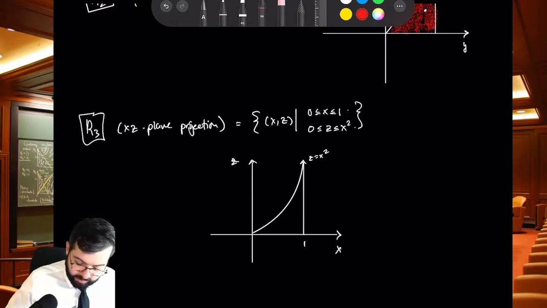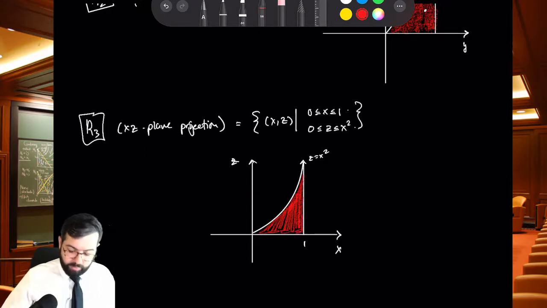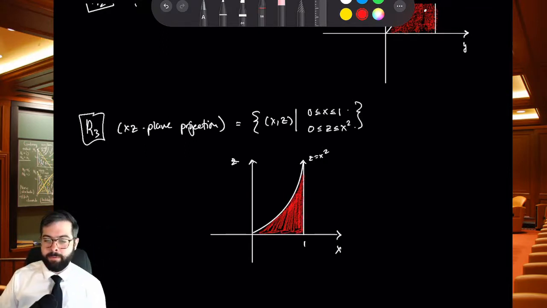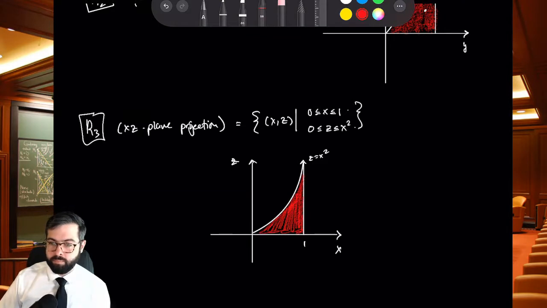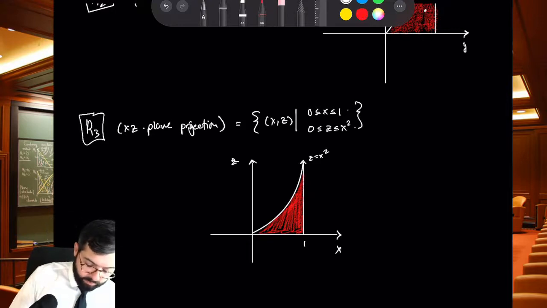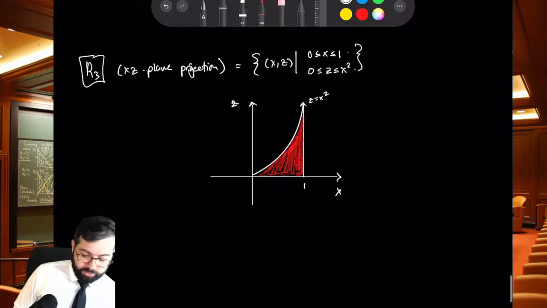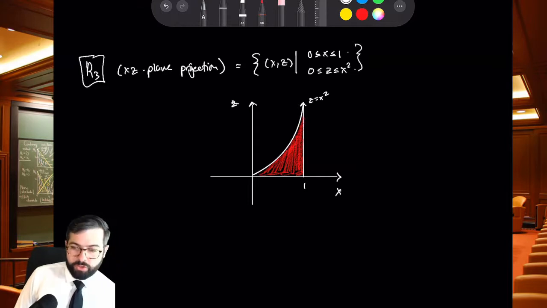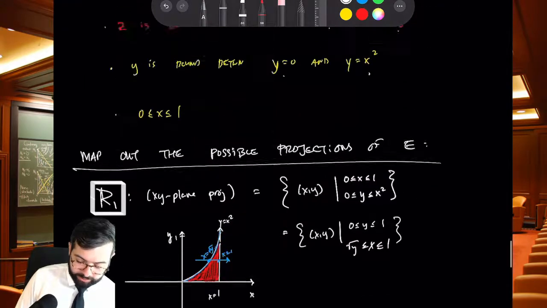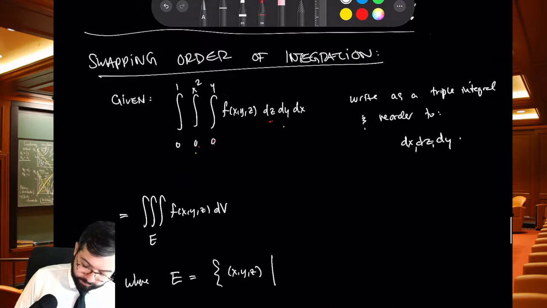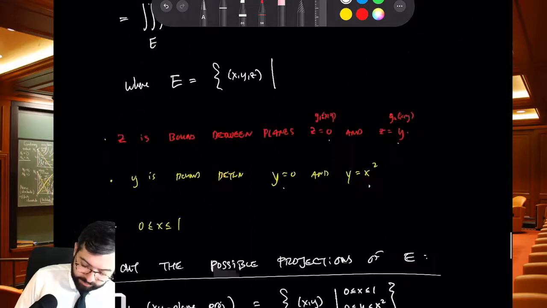So again, it's this kind of crescent shape guy over here. So this is really just to explore the different ways you can switch it up. We were tasked with writing dx dz dy.